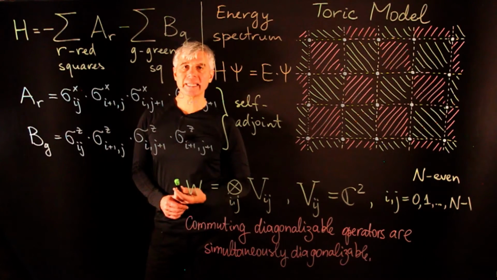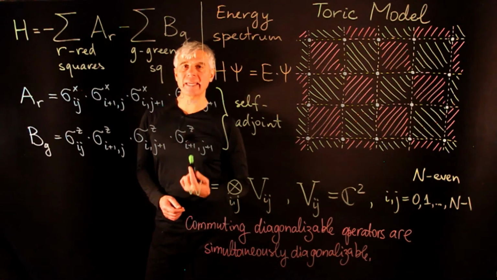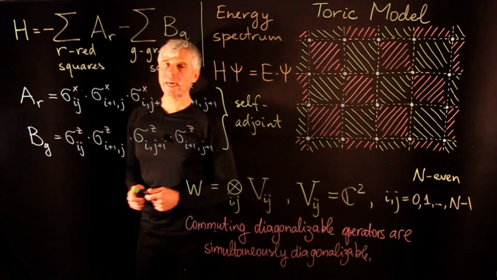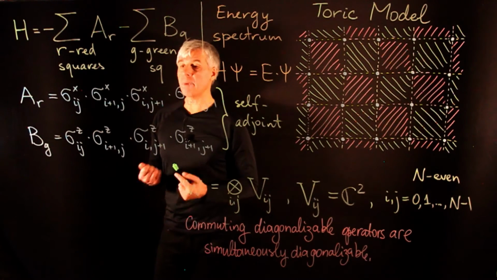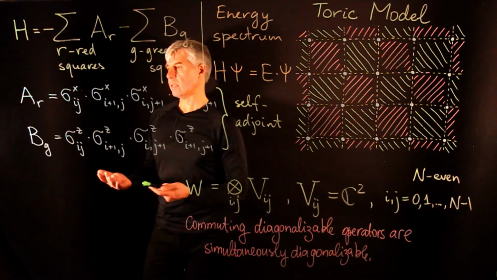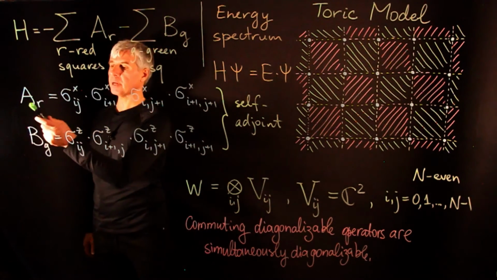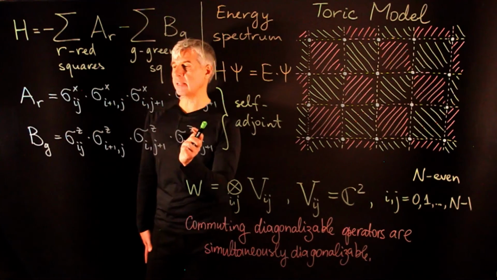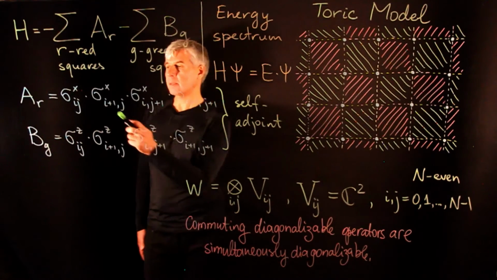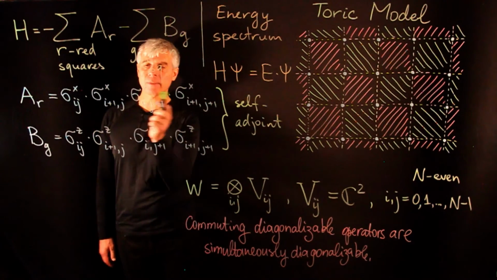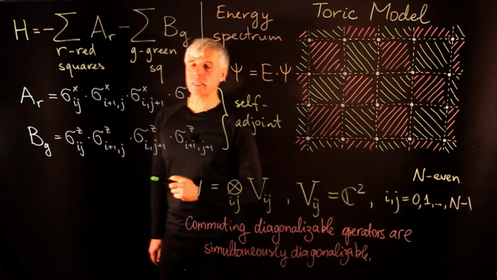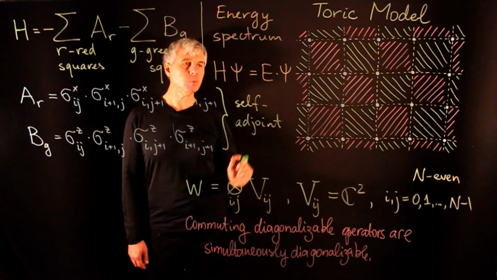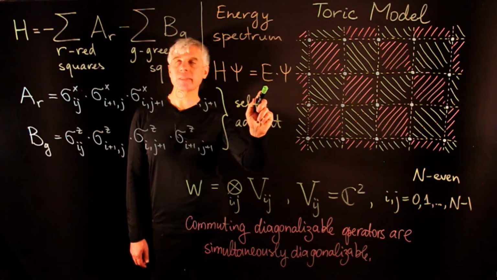Let us try to understand the possible spectrum of eigenvalues. We know that each Pauli matrix could have eigenvalues 1 or minus 1. Then it's clear that operators AR and BG also will have eigenvalues 1 and -1, because these would be the products of eigenvalues of the corresponding sigma matrices. Then what would be the lowest energy level in this system?